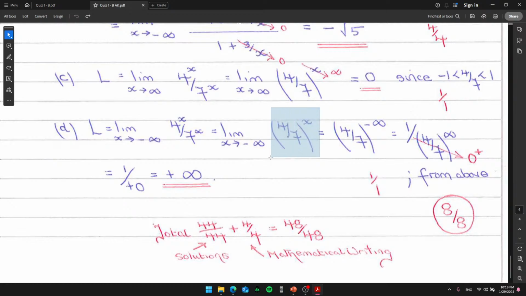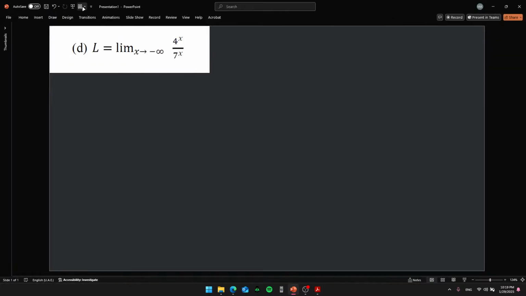He did the same: he took x for the whole fraction and then substituted the negative infinity.